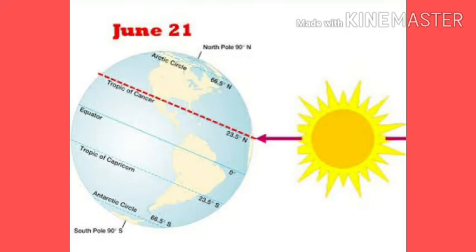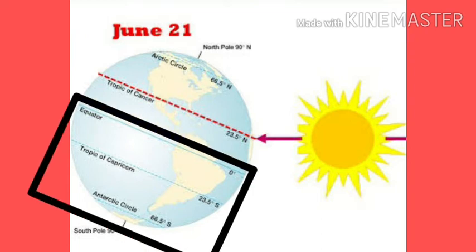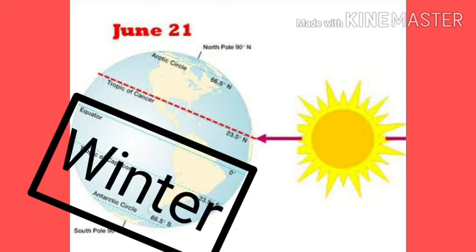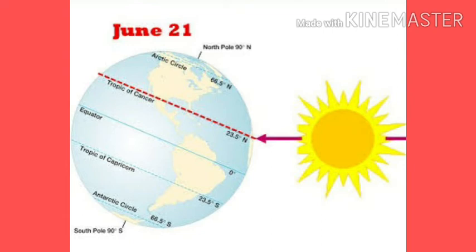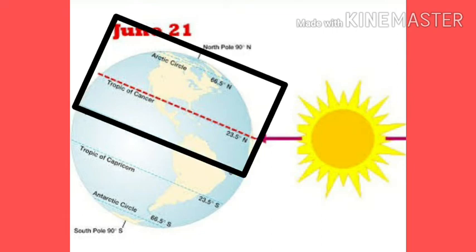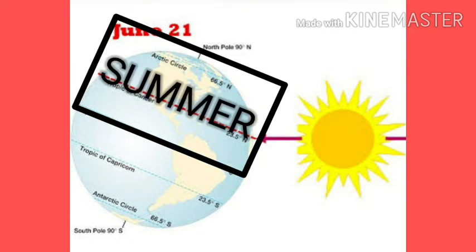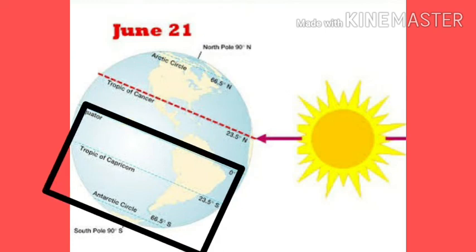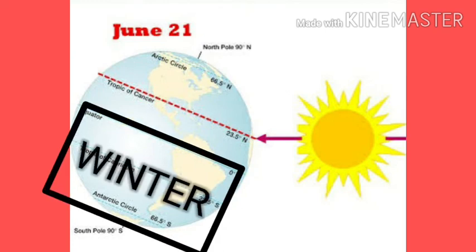During this time, those countries located in the southern hemisphere experience winter season. So during summer solstice, the northern hemisphere experiences summer, but the southern hemisphere experiences winter.